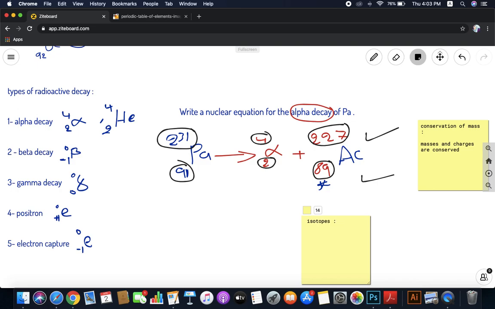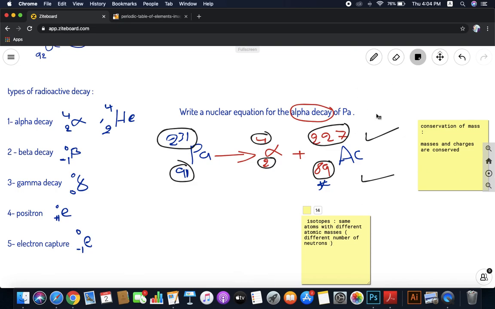Isotopes are same atoms with different atomic masses. Why are the atomic masses different? Because they have different numbers of neutrons. So if they have different numbers of neutrons, they will have different atomic masses.